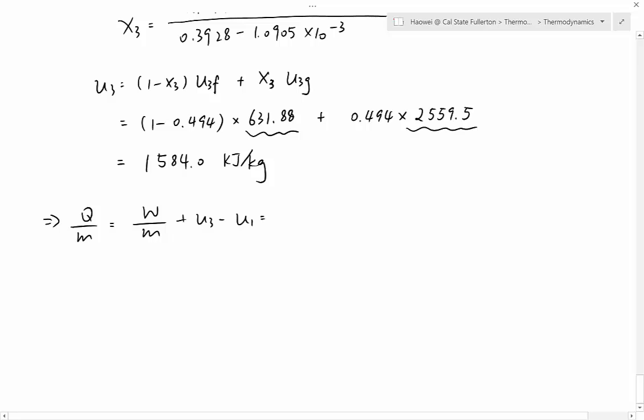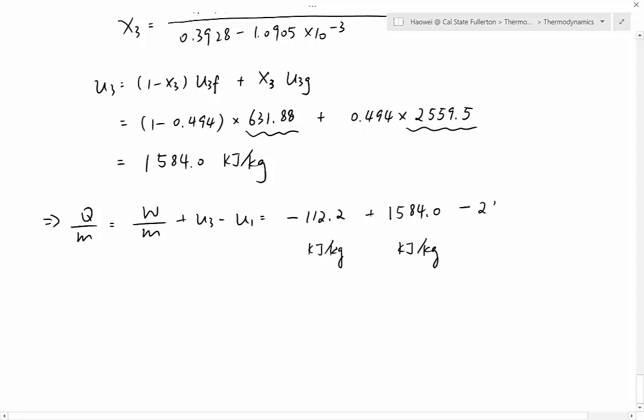W per unit mass from before is negative 112.2. The unit was kilojoule per kilogram. Plus U3. U3 is 1584.0, the unit is also kilojoule per kilogram. And then last one, minus U1.